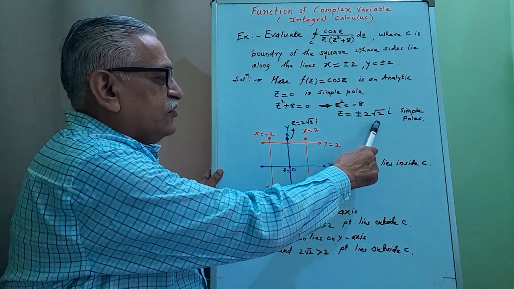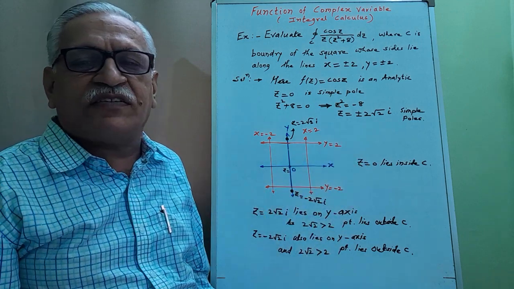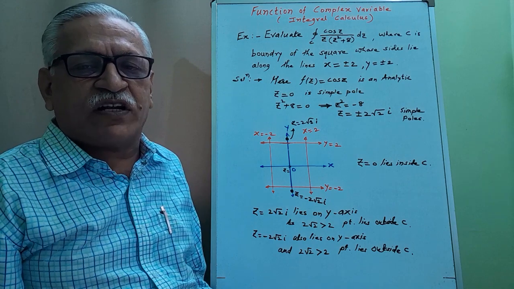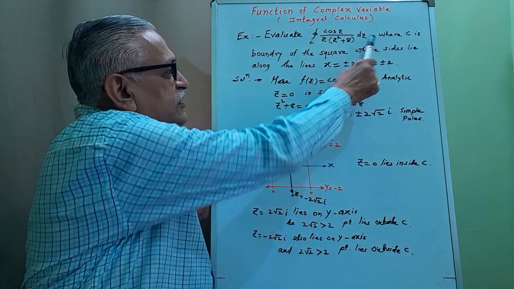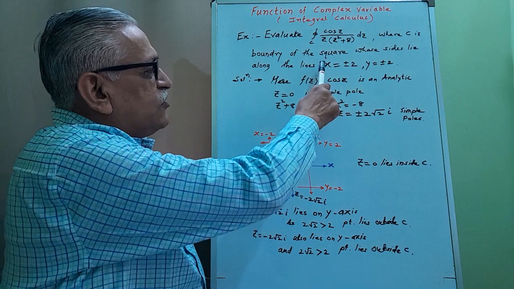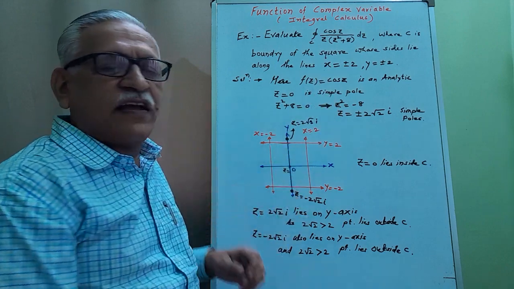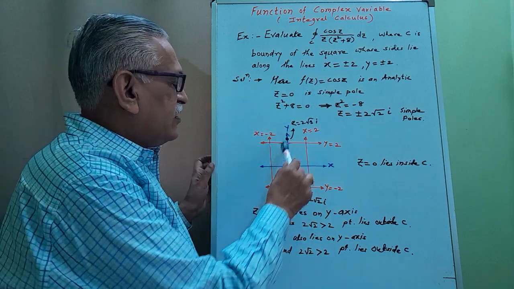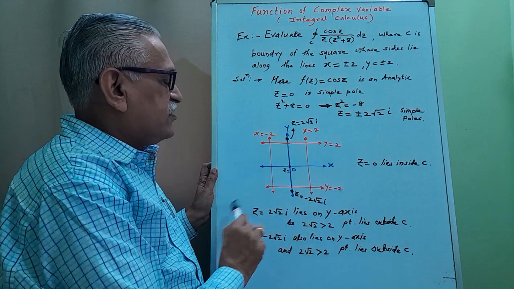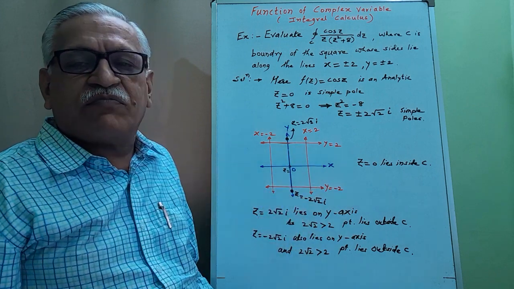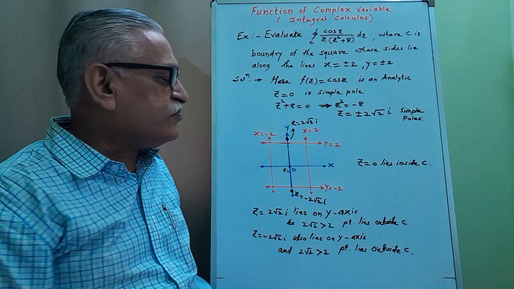Now we have to determine whether each pole lies inside, on, or outside the curve C. Here the curve C is a square, so let us draw the square in the xy coordinate system. X-axis, y-axis, and the point z equals 0, which means x equals 0, y equals 0.